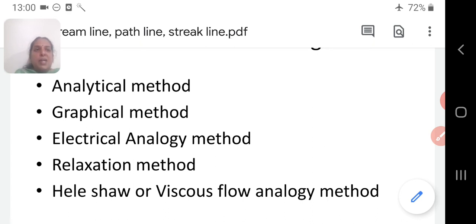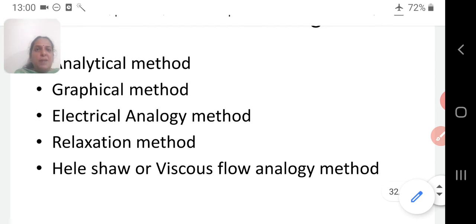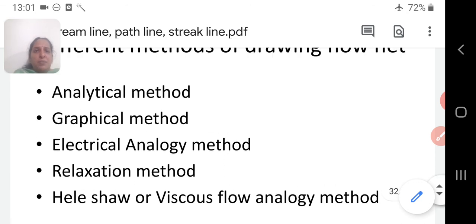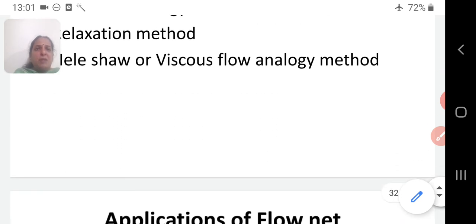That is the main assumption made in the electrical analogy method. The others are the relaxation method and the Hele-Shaw viscous flow analogy method. But normally we go with the graphical method. If we want to determine it by an experimental or practical way, then the electrical analogy method is a practical means of drawing the flow net.